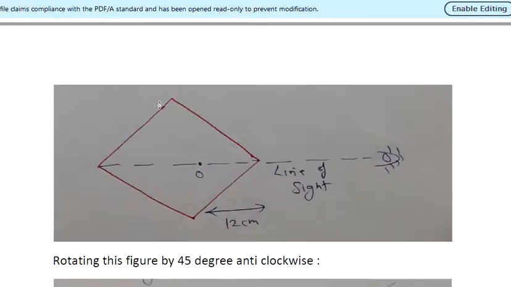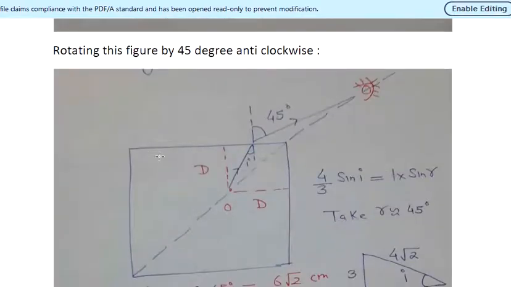Now this is the figure and this is the line of sight. Now rotating this figure by 45 degree anti-clockwise, the container will become like this, and this will be the observer, and this is the line of sight. Now a ray travelling at an angle of incidence i will get refracted at some angle r and reach the observer.